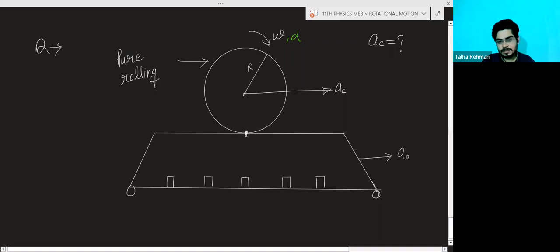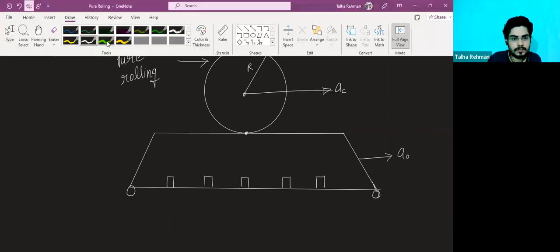At rest means this point of contact at the moment is at rest. In terms of the acceleration, we can say acceleration at the point of contact with respect to the platform should be 0.